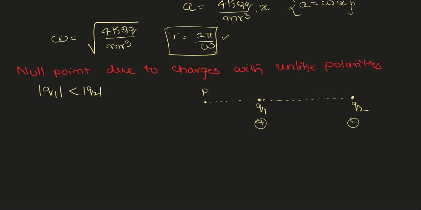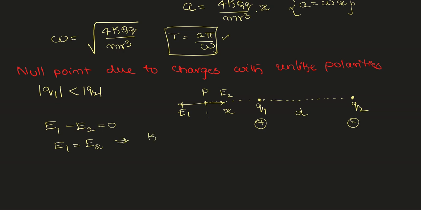So that means here, due to Q1, as it is a positive charge, electric field will be directed away. Due to Q2, electric field will be directed inward. If this distance is given as d, if this distance is given as x, net E1 minus E2 will be equal to 0, or E1 will be equal to E2.